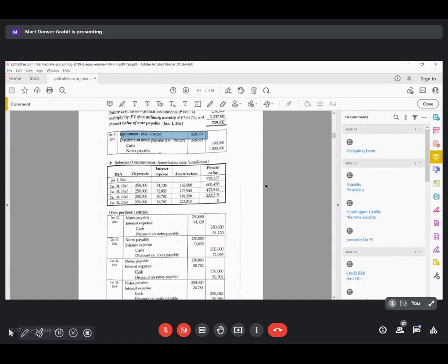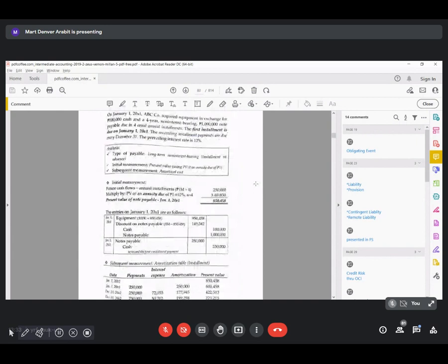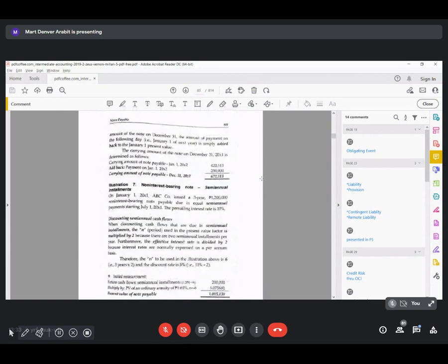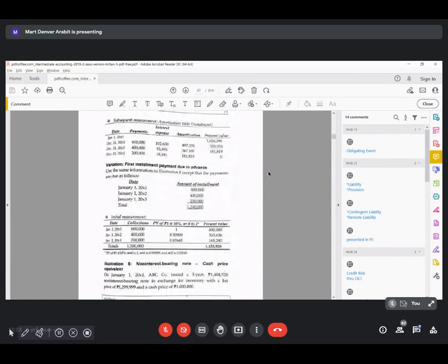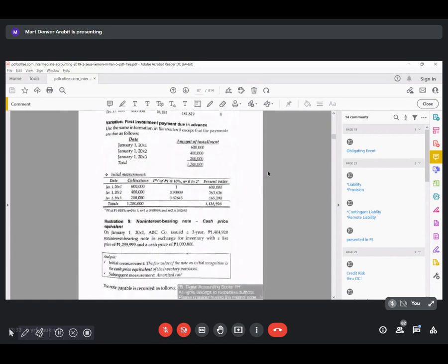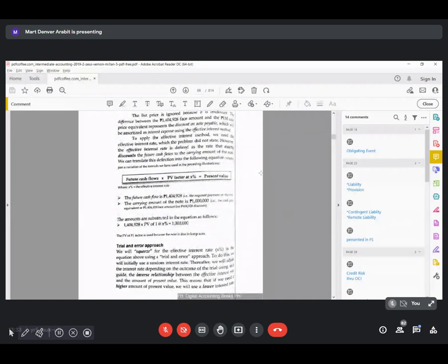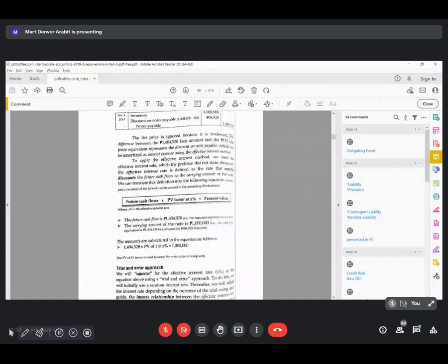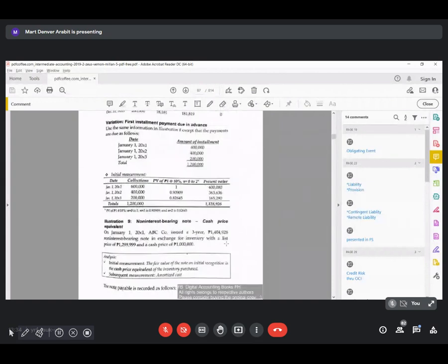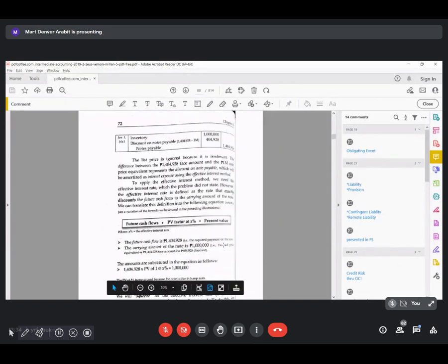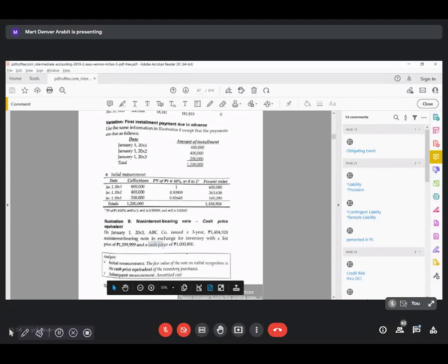Okay. So, nasa example 9 na tayo. In this case, ginamit natin yung 1M kasi available siya. Okay? Available yung cash price nung inventory.